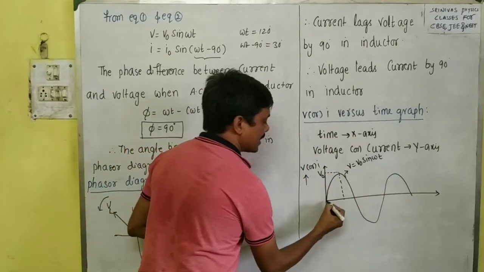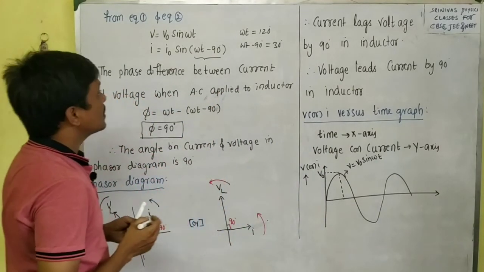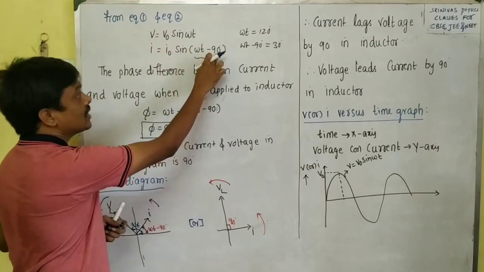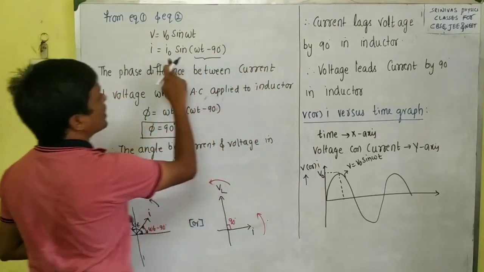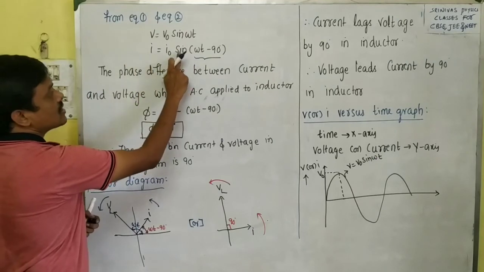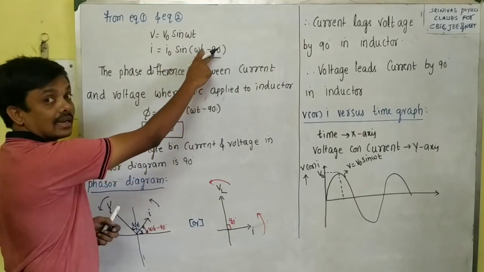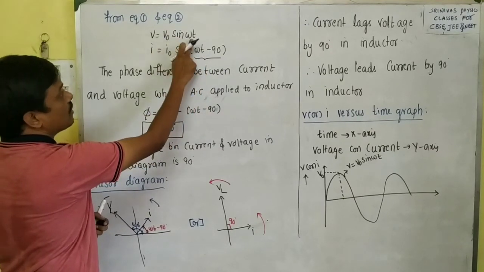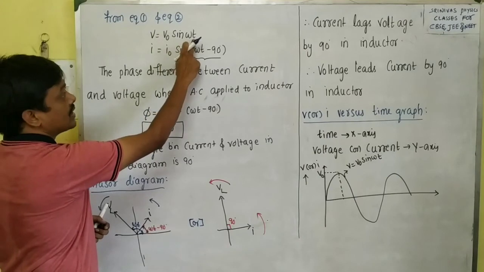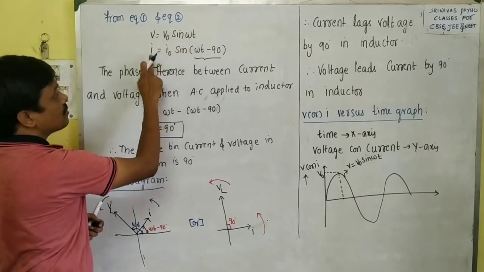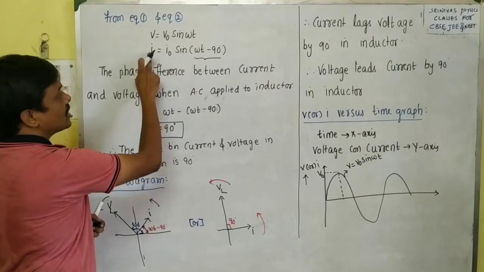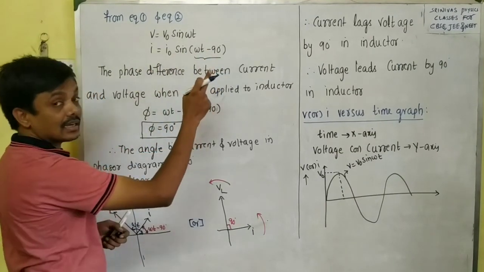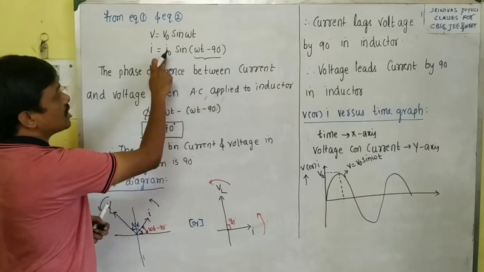And what about the current graph? The current graph will be like this: I equals I naught sin(omega t minus 90). If you write t as 0 in the voltage equation, you will get V equal to 0. But when you write t as 0 in the current equation, sin of 0 minus 90 is minus sin 90, that is minus 1, so you get minus I naught.